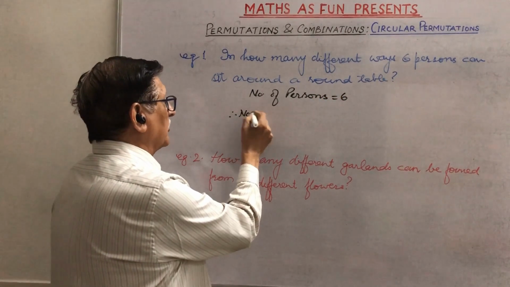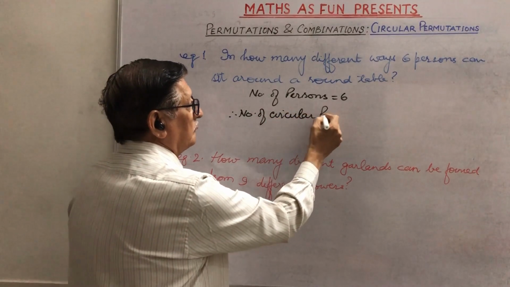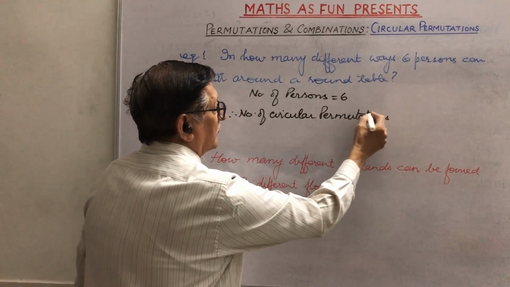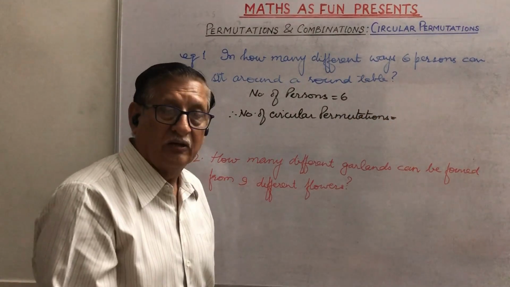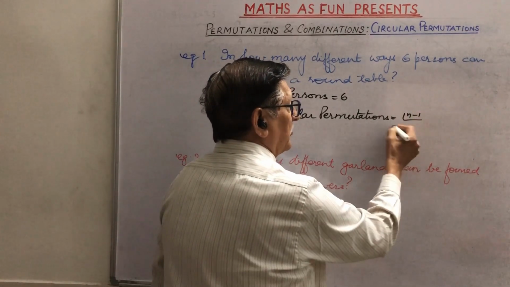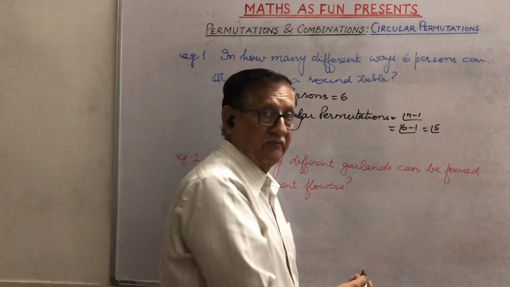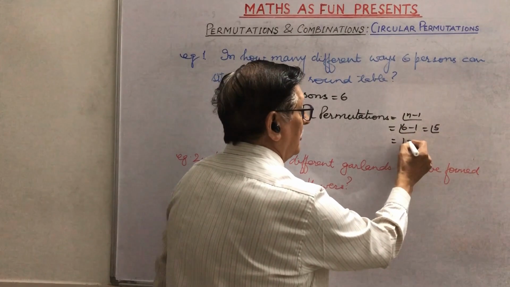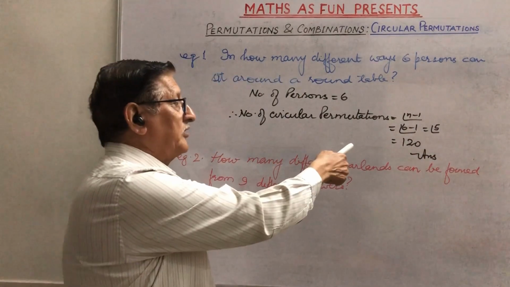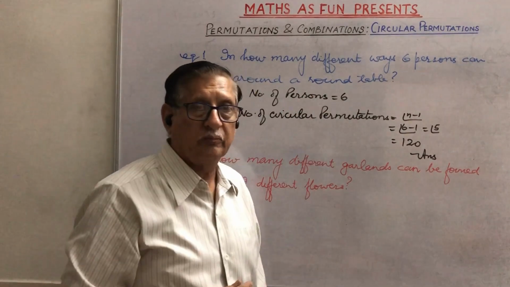Therefore, the number of circular permutations, we have the formula factorial n minus 1, that is factorial 6 minus 1, that is factorial 5, and we know the value of factorial 5 is 120. So in 120 different ways 6 persons can sit around a round table.